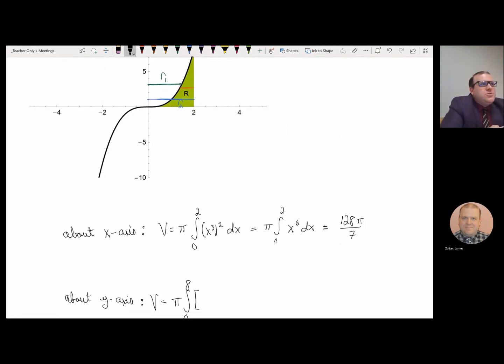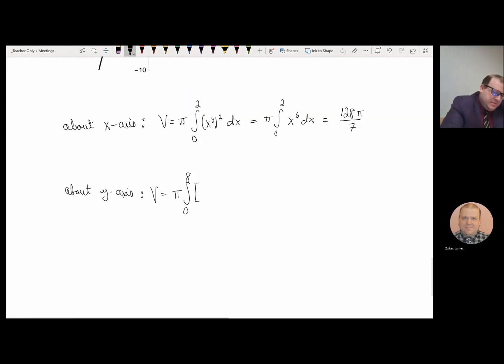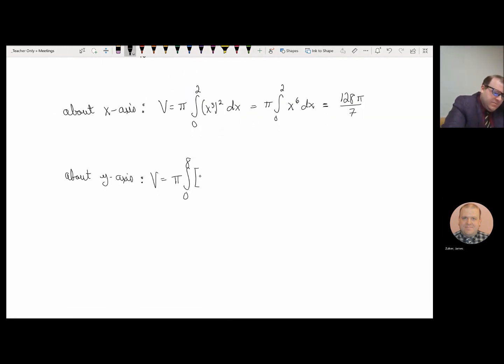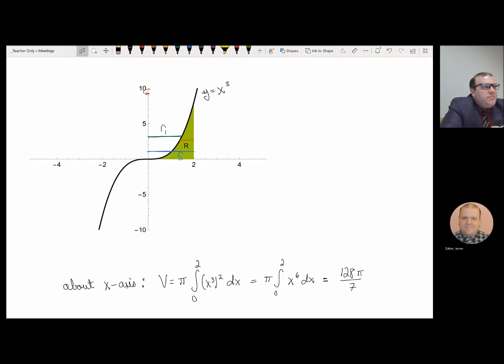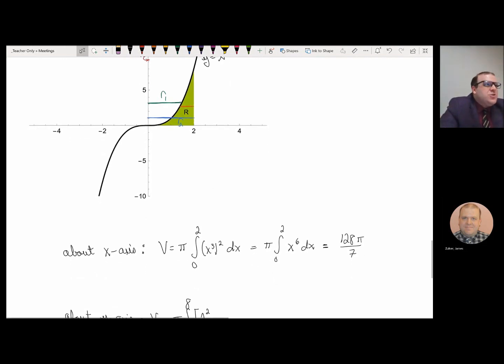The outer radius is just the larger radius, right? That curve is x equals 2. That length is obviously just 2, right?